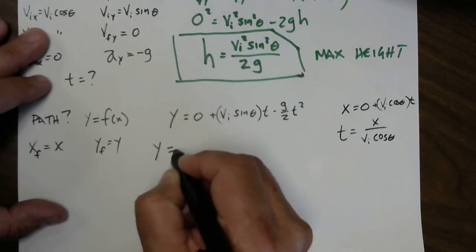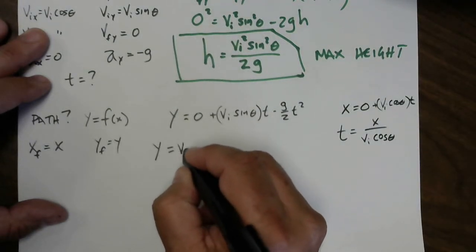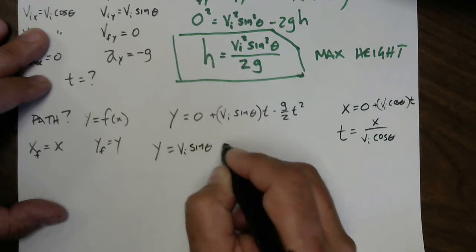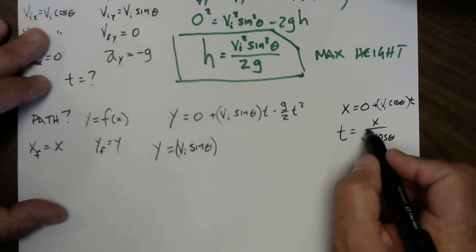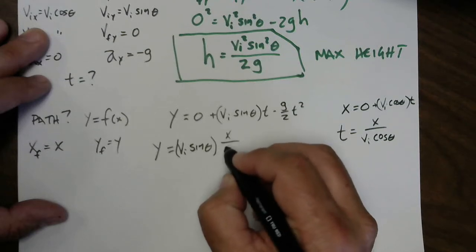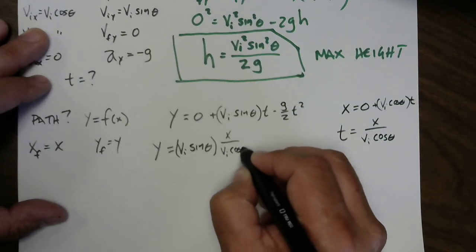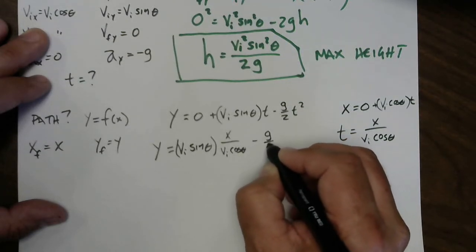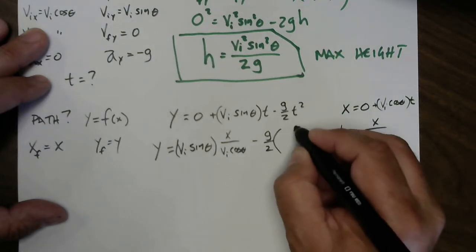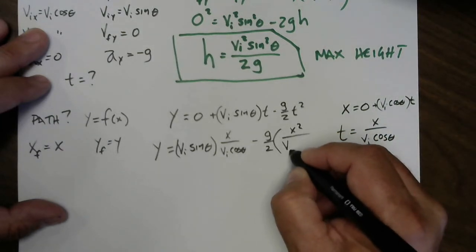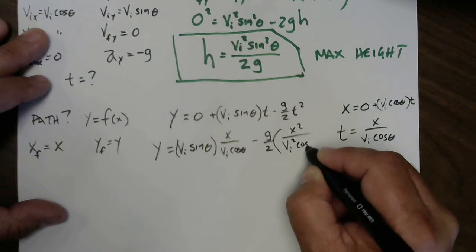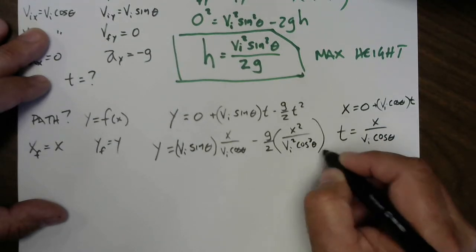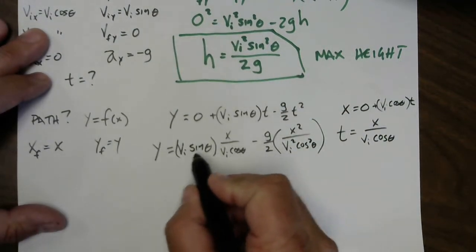So y is going to equal vi sine theta times t, which is x over vi cos theta, and then minus g over 2 times this thing squared, x squared over vi squared cosine squared theta. Okay, this term cancels really nicely.